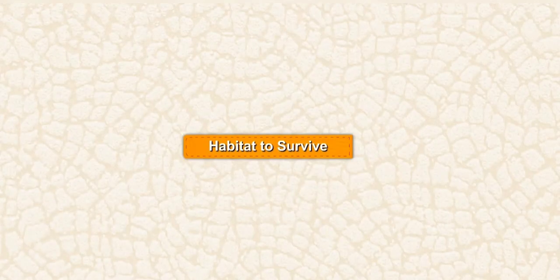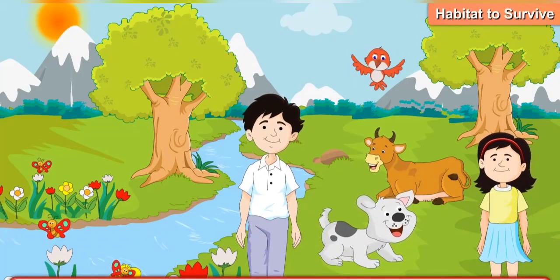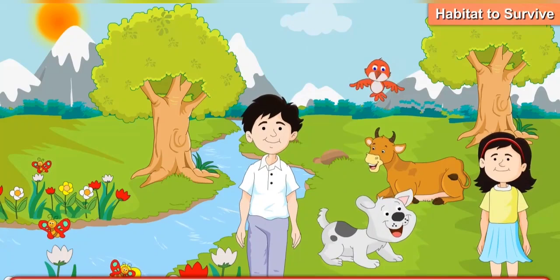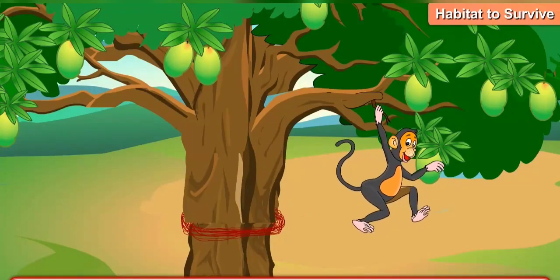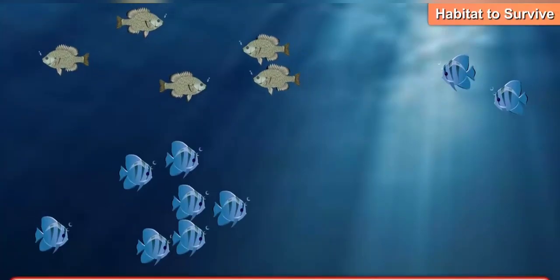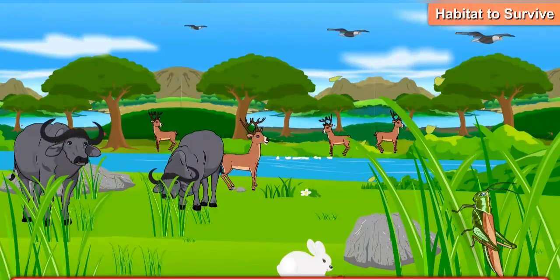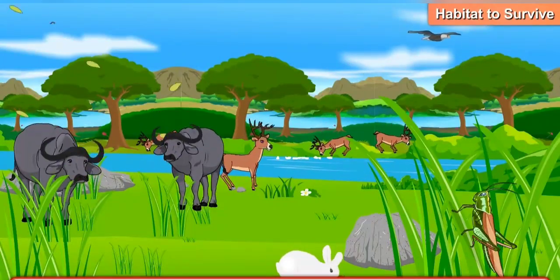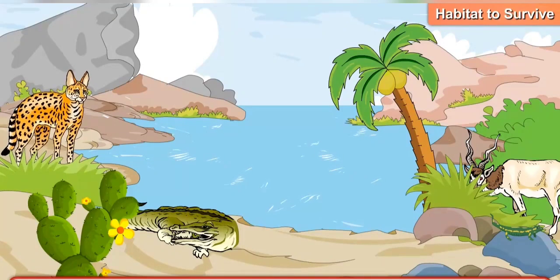Habitat to survive. Different animals live in different places. Some live on land, some on trees, and some in water. A place or an area where an animal lives naturally is called its habitat.